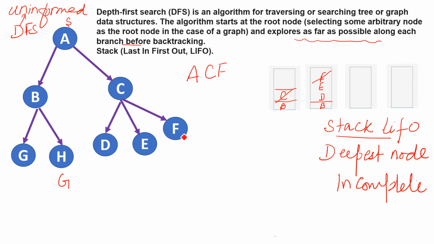Right? And from F, I will first see whether this is my destination, my goal state, or not. No, this is not my goal state. If we have further nodes, then we have to move here, here, here in the same way. But as you know, we do not have any further extension from this F. Now it will go backward, or backtrack.